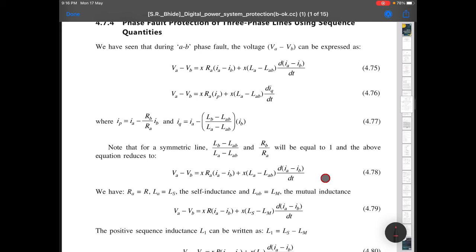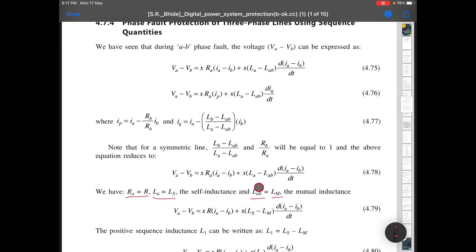everything we have derived. Now again the same thing we did for ground fault using sequence quantities. You assumed that all the resistances RA, RB and RC are R, and LA, LB and LC are LS, and LAB, LAC and LBC are LM. So this was the assumption. It's not an assumption, for a symmetrical line it's true also.